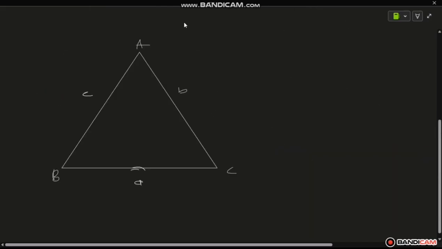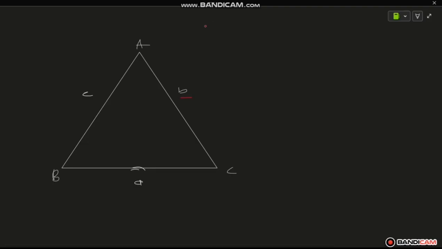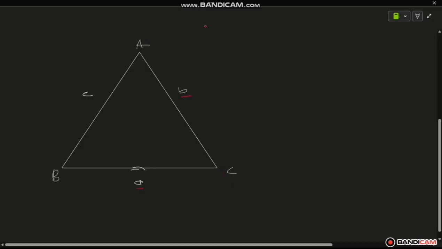Okay, now let's say we are given triangle ABC. Then you know that these two sides form angle A, meaning A becomes the included angle. Therefore, let's write the cosine rule using these.